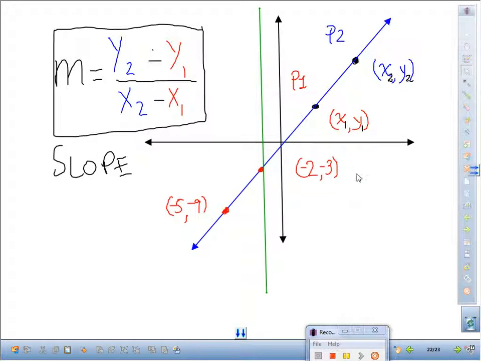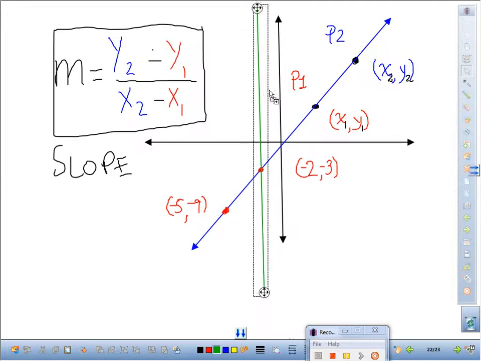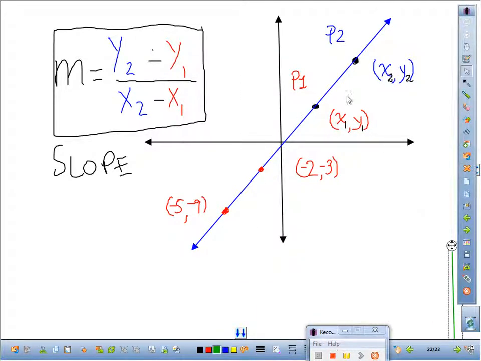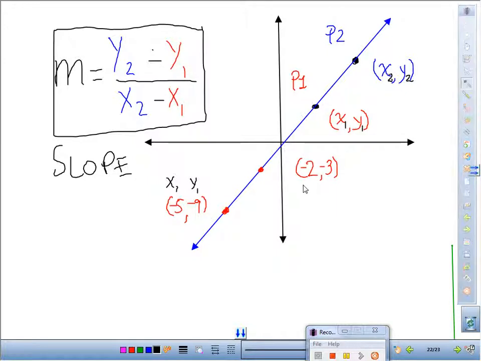So in order for me not to forget, I'm going to label it. Here it goes. This is x sub 1, and this is y sub 1. Therefore, this is what? x sub 2, and this is y sub 2. We there so far? So now we just get our formula.